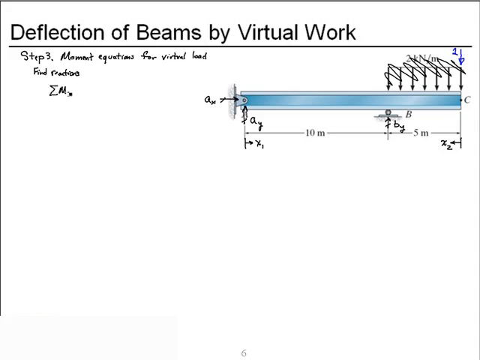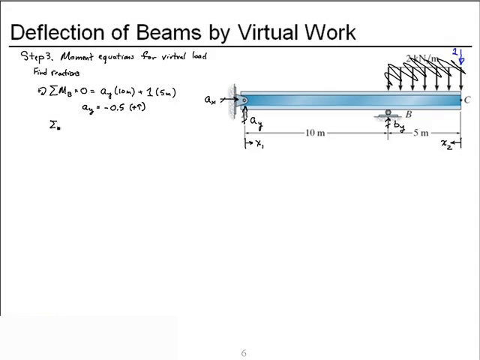Summing moments about point B, I'll choose positive rotation to be clockwise, because all of the loads as drawn contribute in a clockwise direction, and I get ay is a negative 0.5. It's not in the direction drawn, which was up.